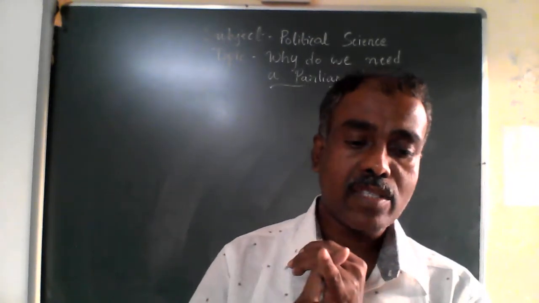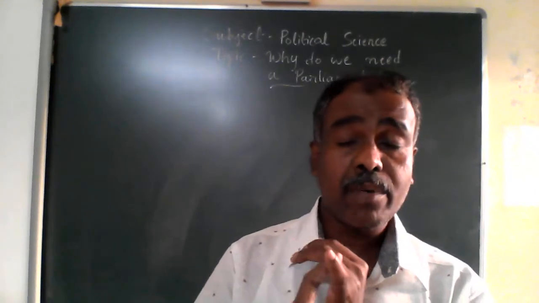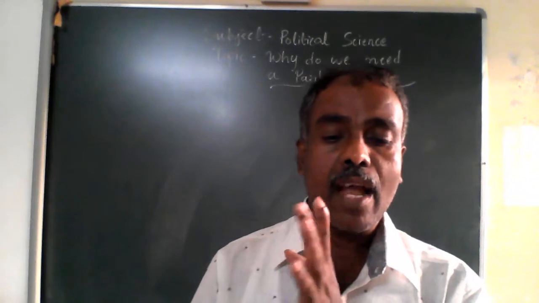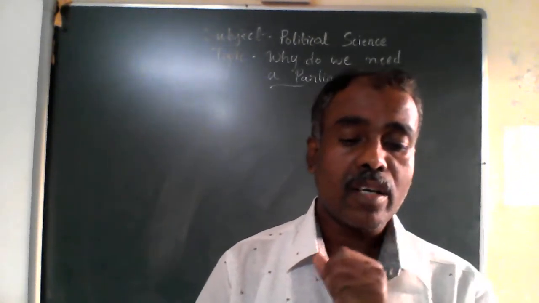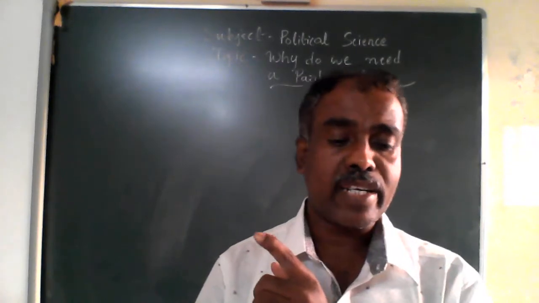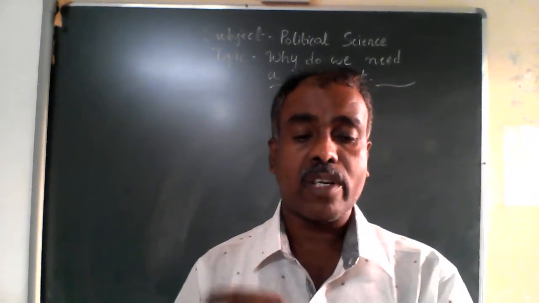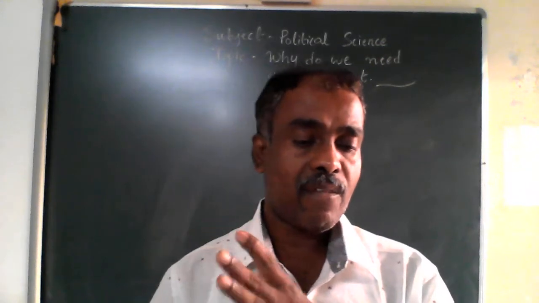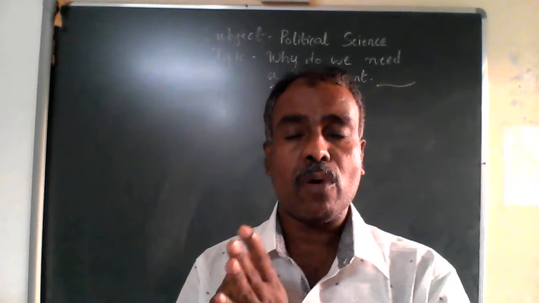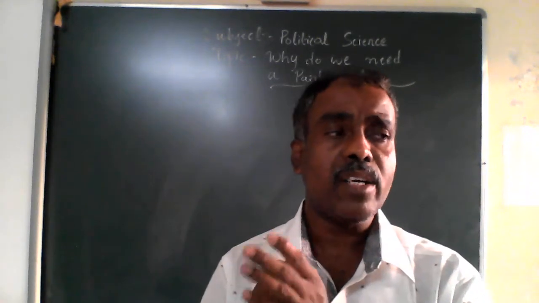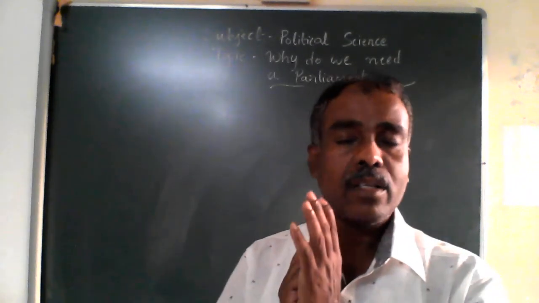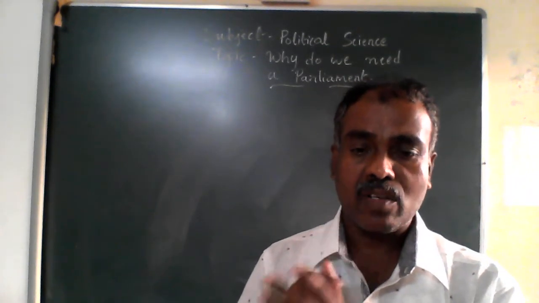Thus it is the most important symbol of Indian democracy and a key feature of the Constitution also. The parliamentary system of government is one of the key features of our Indian Constitution.